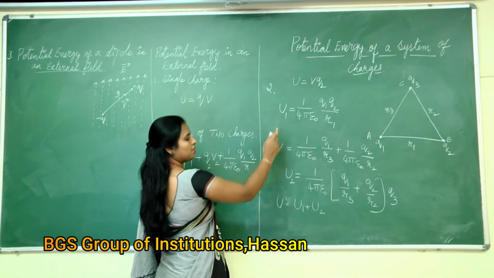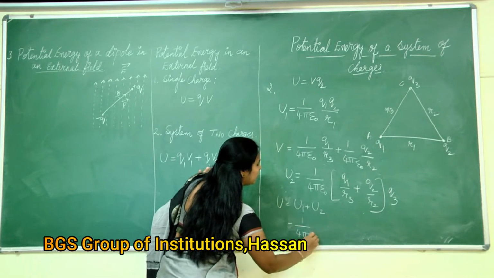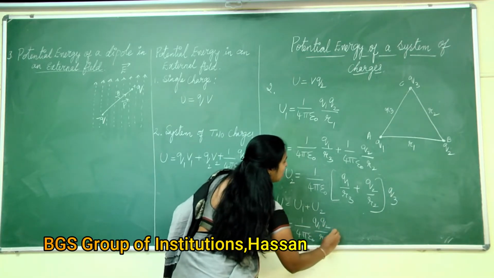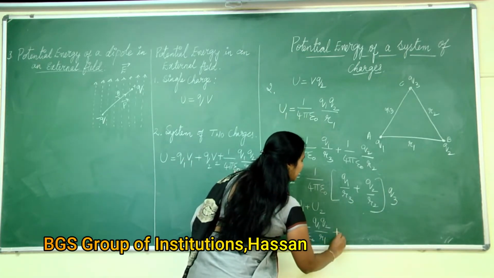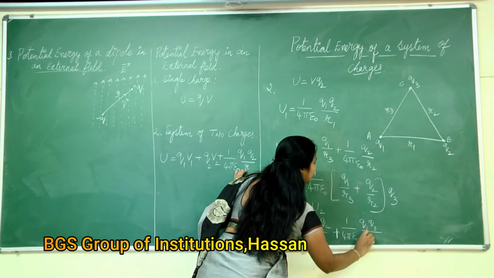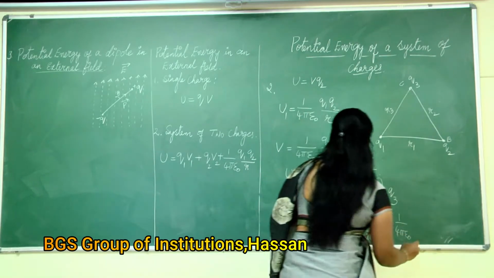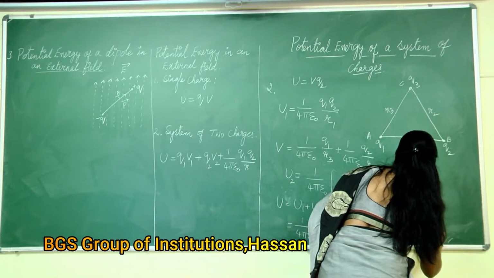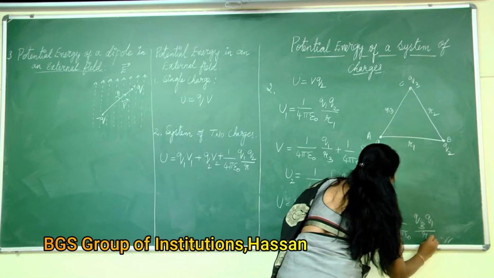Total potential energy is U1 plus U2, and that is written as U is equal to 1 by 4 pi epsilon naught Q1 Q2 by R1 plus, here multiply Q3 inside and 1 by 4 pi epsilon naught also inside, we get 1 by 4 pi epsilon naught Q1 Q3 divided by R3 plus 1 by 4 pi epsilon naught Q2 Q3 divided by R2.